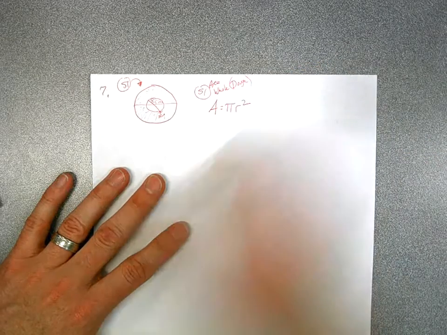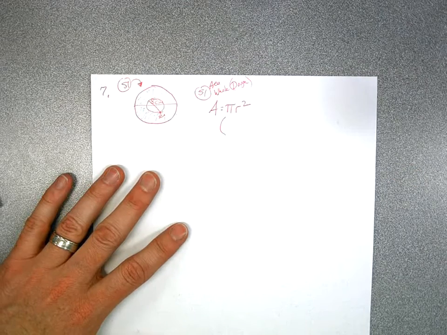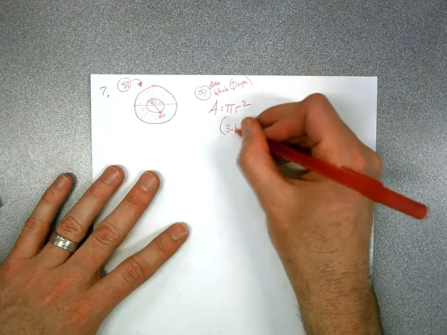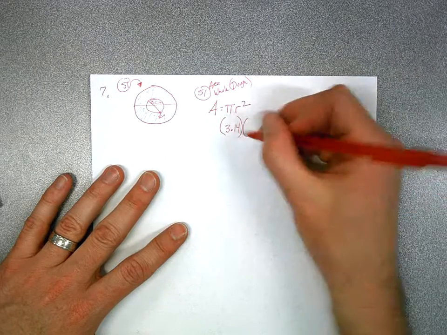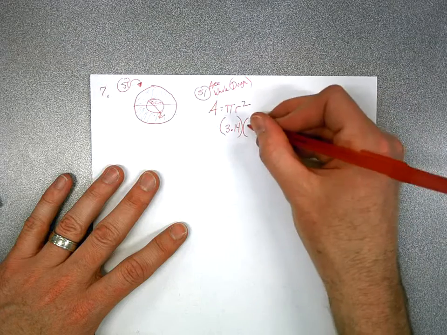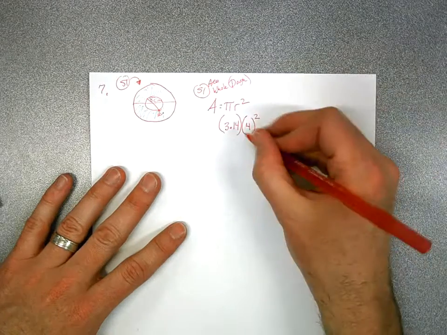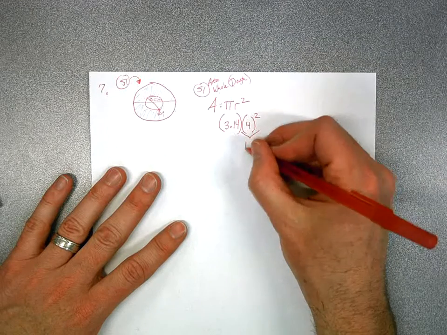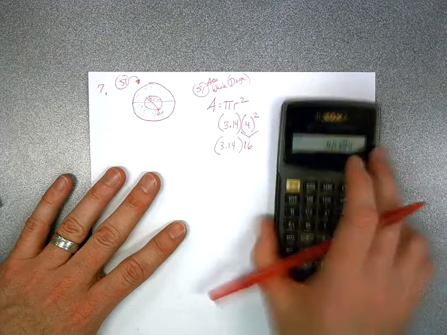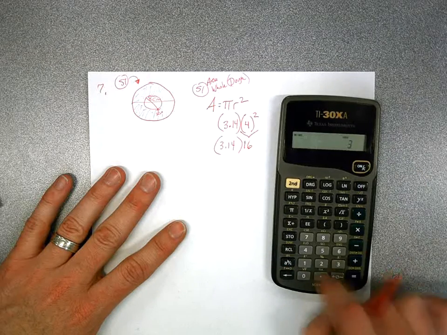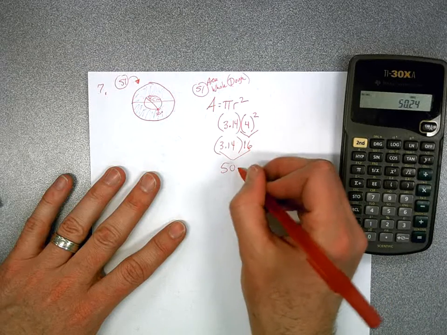I'm going to plug in pi, 3.14. My radius, ladies and gentlemen, is not 8 centimeters. I have to be careful. It's half of that. That's the diameter. The radius is 4 centimeters squared. When I simplify, 4 squared is 16 times 3.14. 16 times 3.14 equals 50.24.